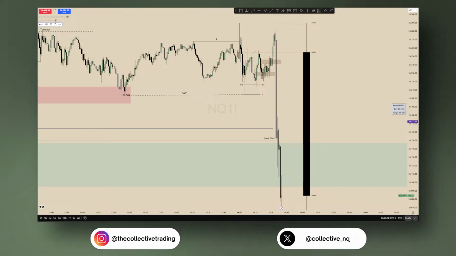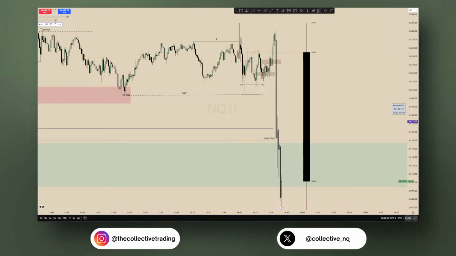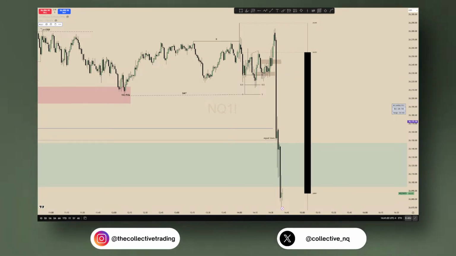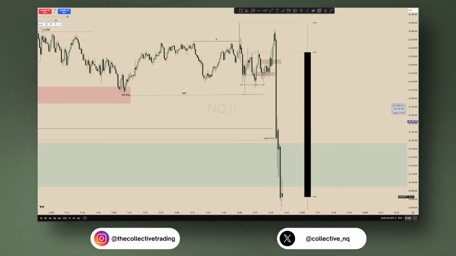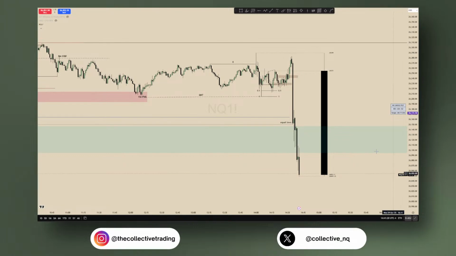Printing. It's just going off my chart. I can't even get in.